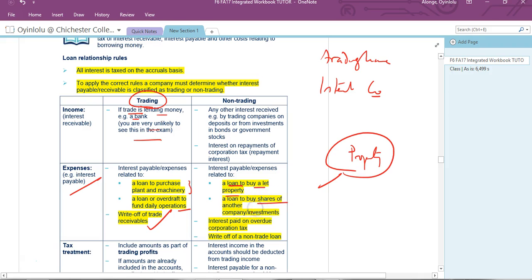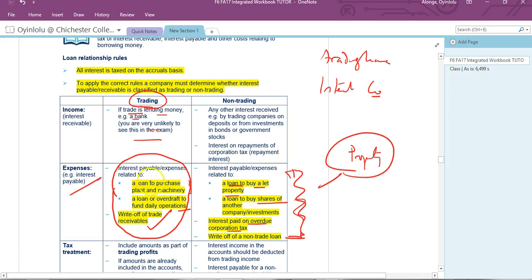So if you're buying shares in another company, interest paid on overdue corporate tax, or writing off a non-trade loan, all that interest is to do with non-trading. All of this will happily take place within our trading. But once we start talking about non-trading, we're talking about everything else happening here.